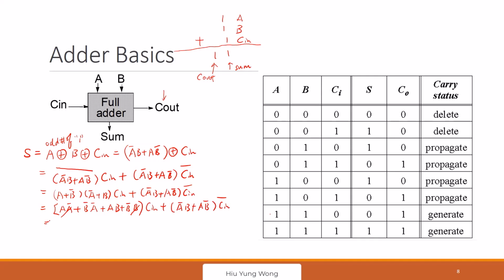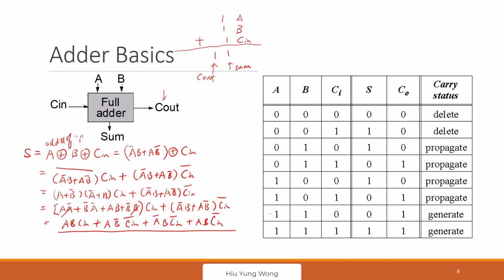Then you get A, B, C in plus, I try to arrange them now, right? A bar, B bar, C in plus A bar, B, C in bar plus A, B, C in bar, right?